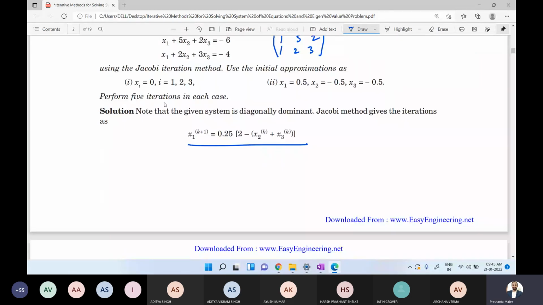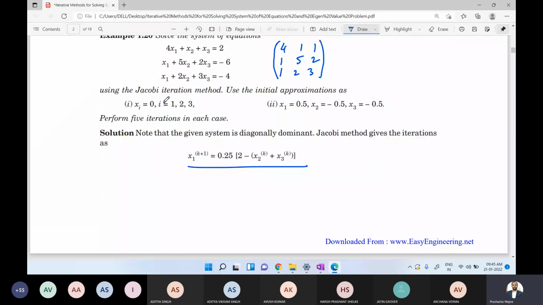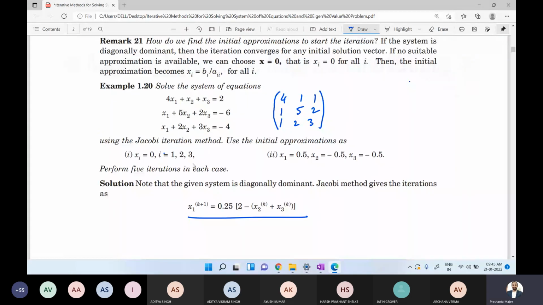How do we get the scheme, or do you follow it from the book? You tell me, I will be creating the scheme. Tell me what will be x1. x1 will be 1 by 4 times (2 minus x2 minus x3).